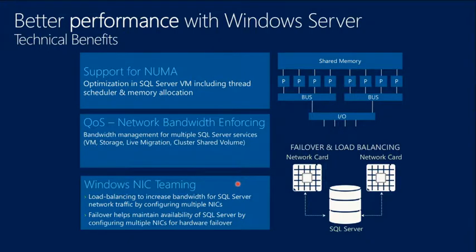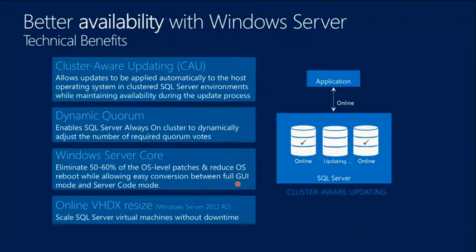I'm going to move on to the next one, which is availability, right? Some of these features, since we released maybe almost a year ago, some of you probably know, some of you probably don't know. The very first one, cluster-aware updating, allows us to update a SQL Server cluster automatically, right, without downtime. Basically, it's doing rolling patches, right?